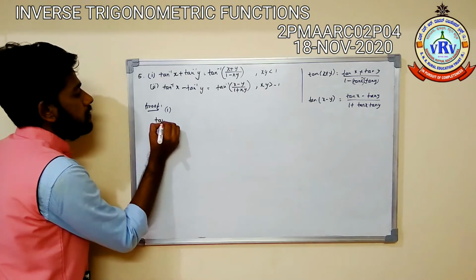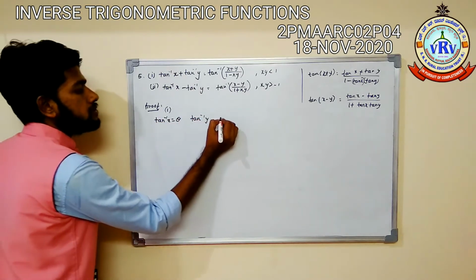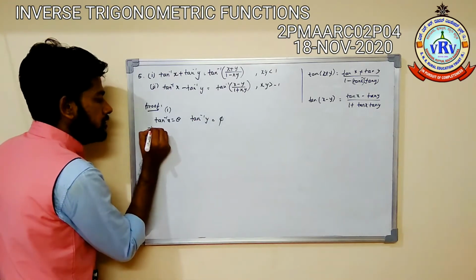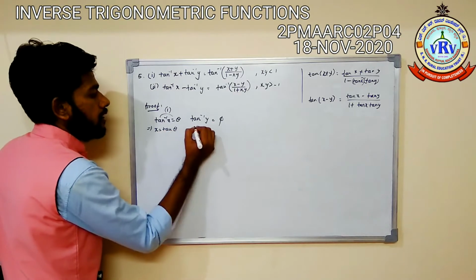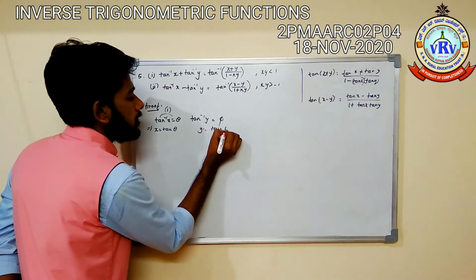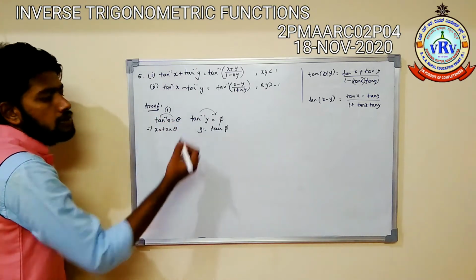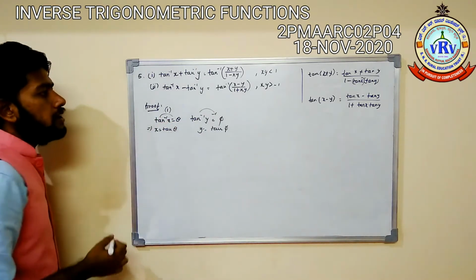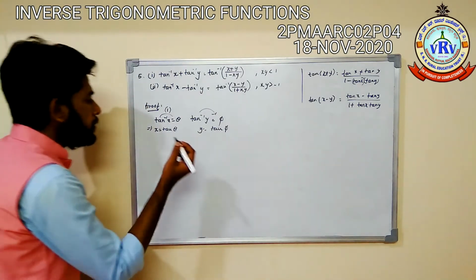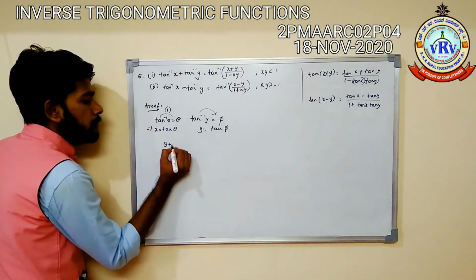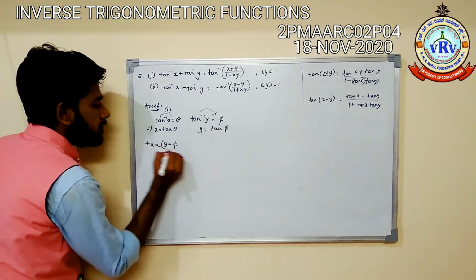I will take tan inverse of x as theta, and tan inverse of y as psi. From this, x is equal to tan theta and y is equal to tan psi. Now let me take the angle theta plus psi with the tan function.